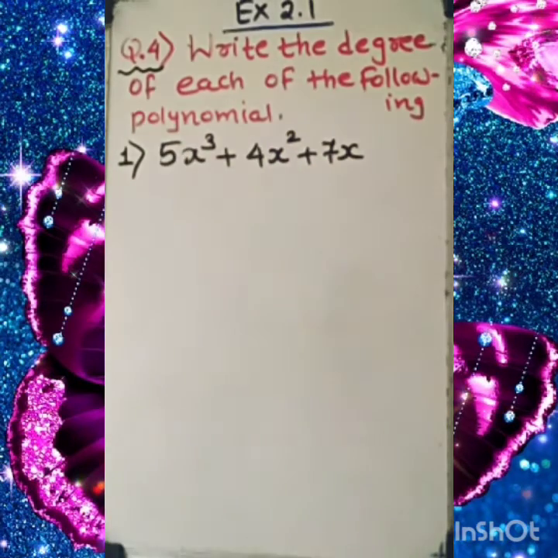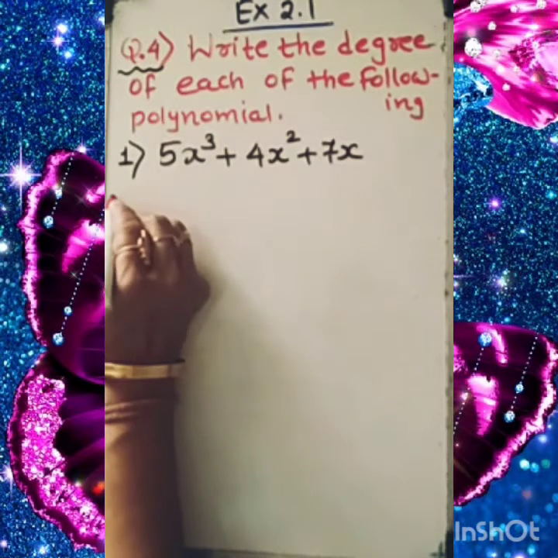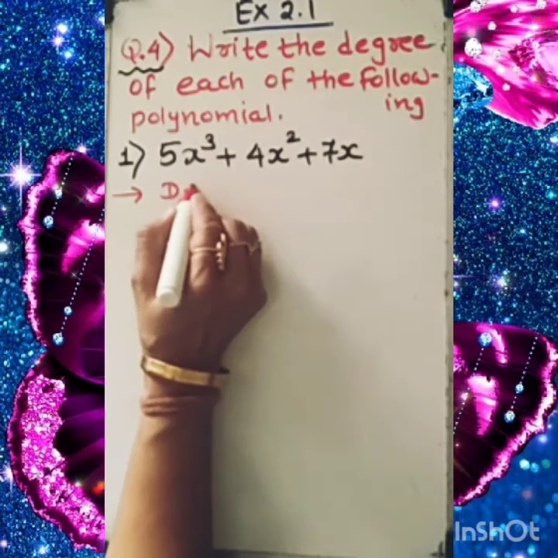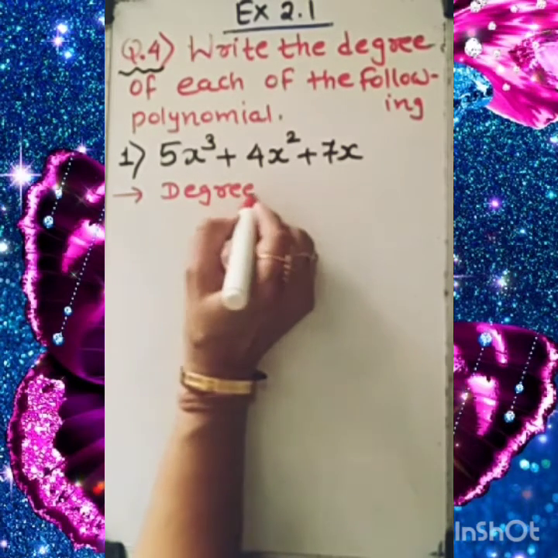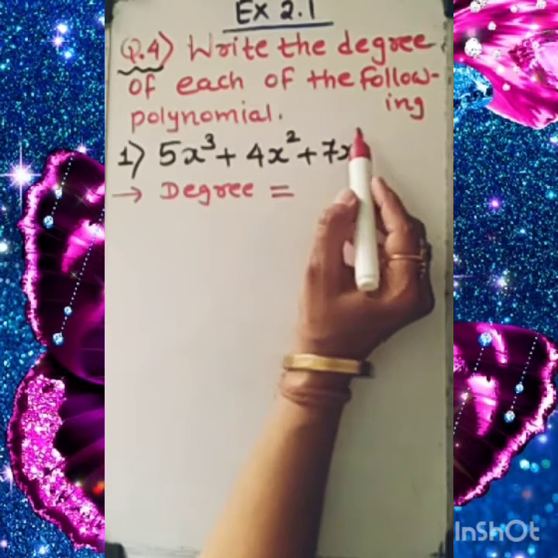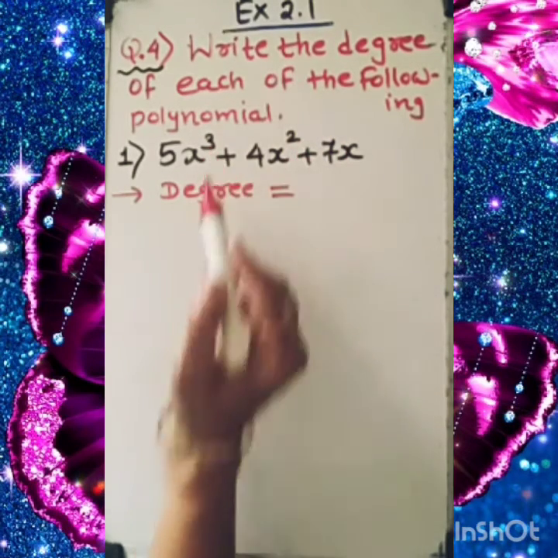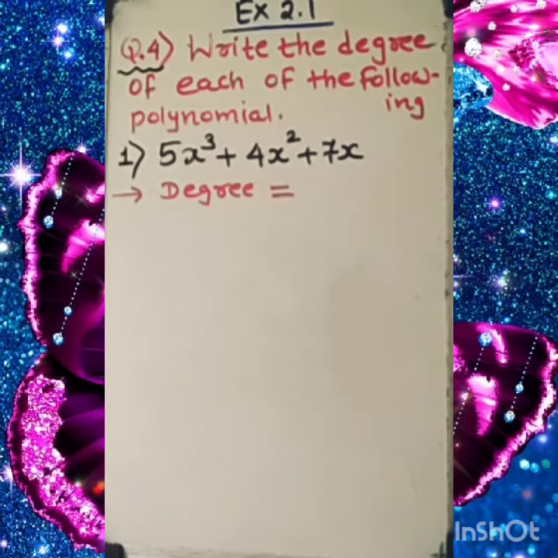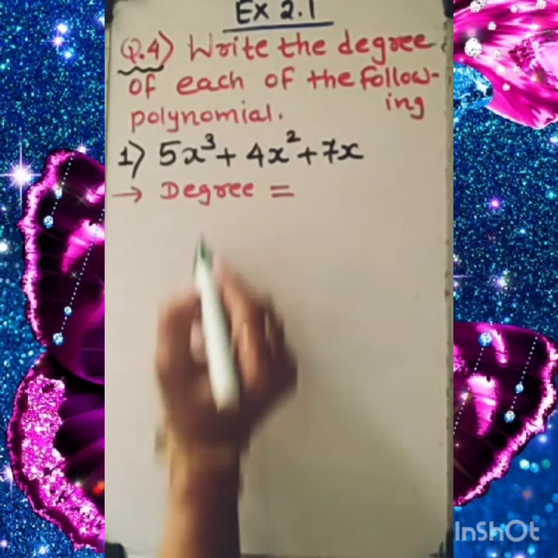We need to mention the degree of this polynomial, that is, the highest power. You can see the powers of x here are 1, 2 and 3. So the highest power is 3, so we can say that the degree of the polynomial is 3.